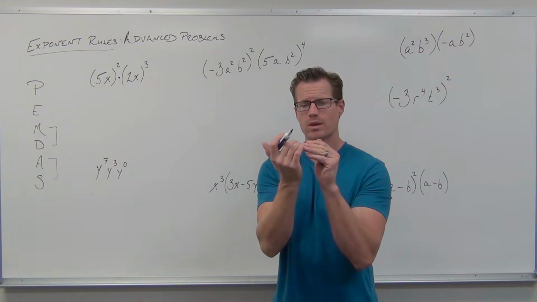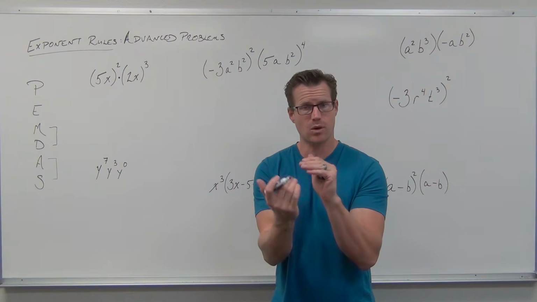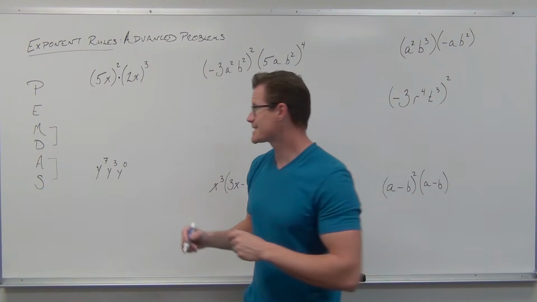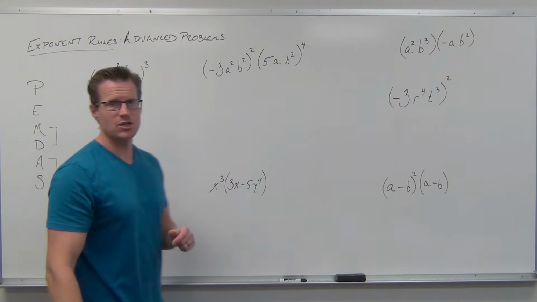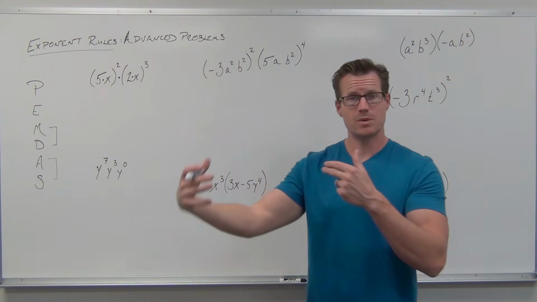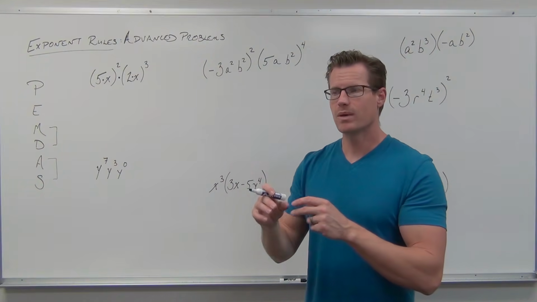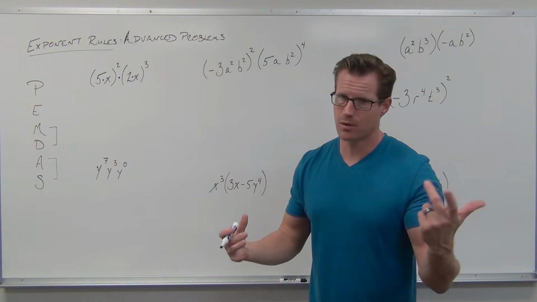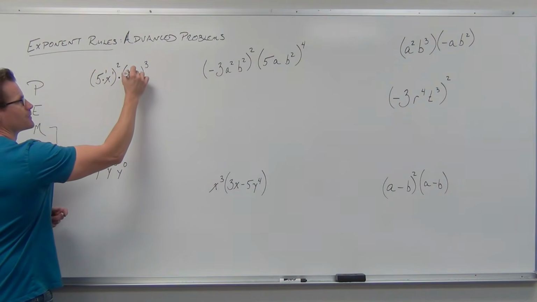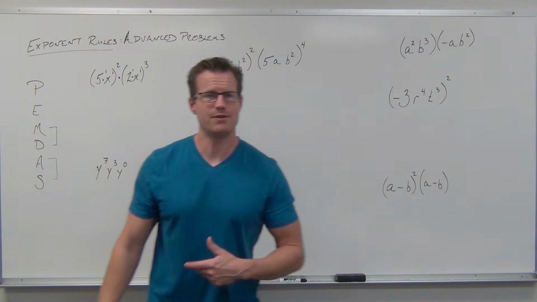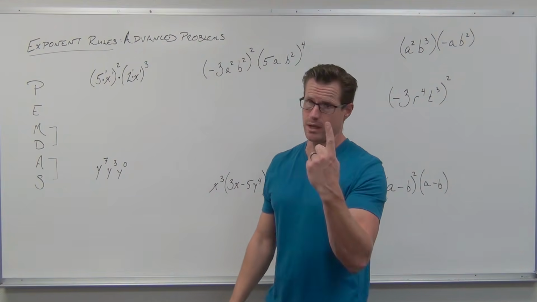Yes, across one level below exponents, across multiplication or division. So I see some multiplication. In order to distribute exponents to those factors, we have to use another exponent rule called the power rule. That means that every factor needs to have an exponent. If it doesn't have one, you have to give it one.